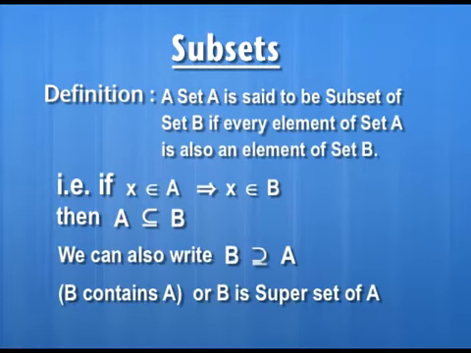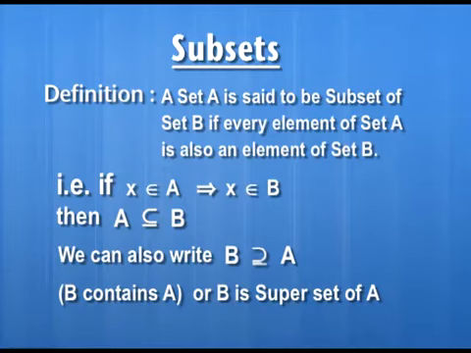So, the definition of subset can be given as: a set A is said to be a subset of set B if every element of set A is also an element of set B, as we have earlier seen.